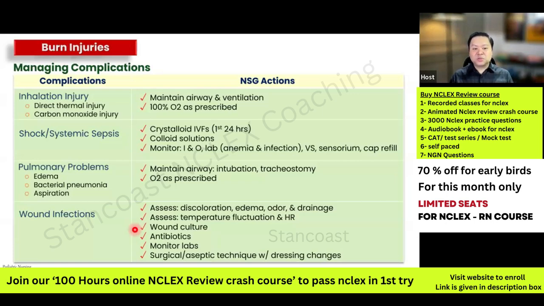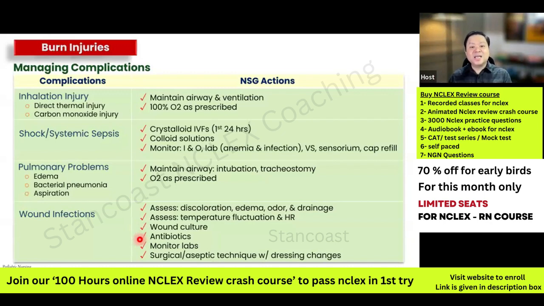Another would be the administration of antibiotics as ordered. It could last for maybe 7 days or maybe shorter than that. It depends on the results of the blood culture or the wound culture as well.